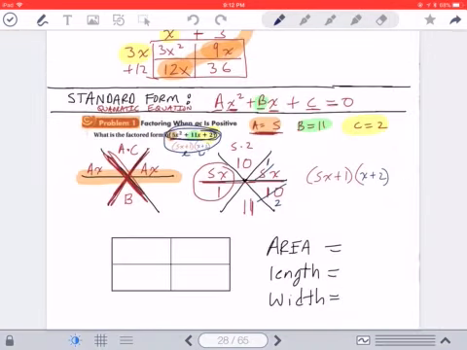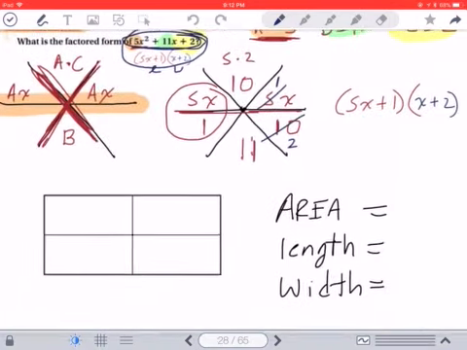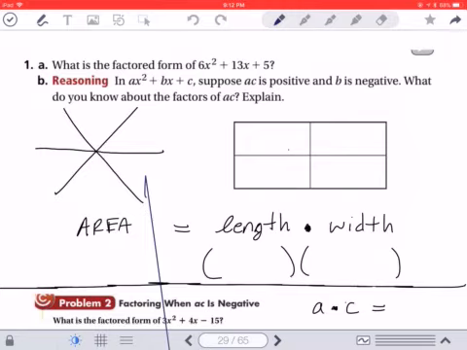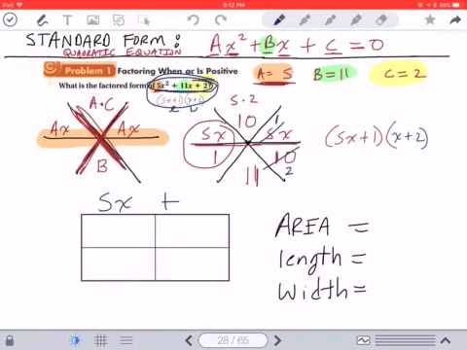All right, let's relate that to the box that we did. We can check it with the box. So I'm going to write 5x plus 1 here. We can call that the length, 5x plus 1. And the width is going to be x plus 2.